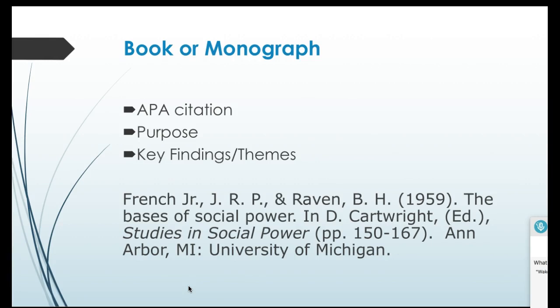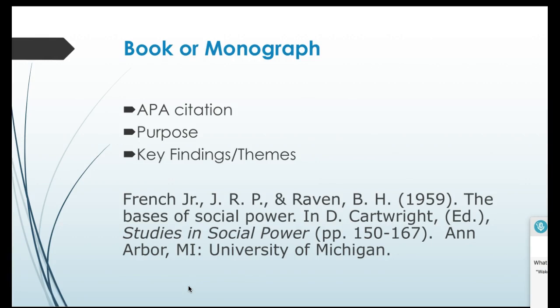Now what's different when you have an edited book is the following. You start with "In" and then whoever the editors or the editor is. And always, in this case, their first initial comes first instead of after their last name. So "In D. Cartwright," and then after the author or authors are listed, in parentheses, you indicate that these are the editors or editor.